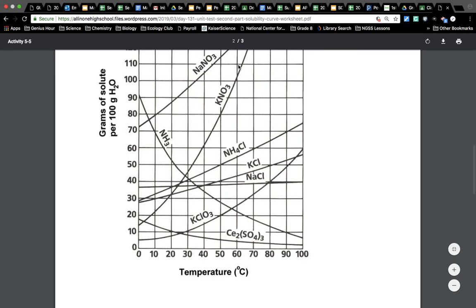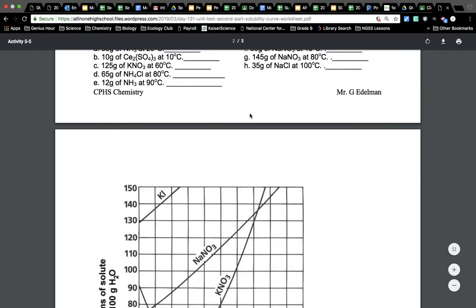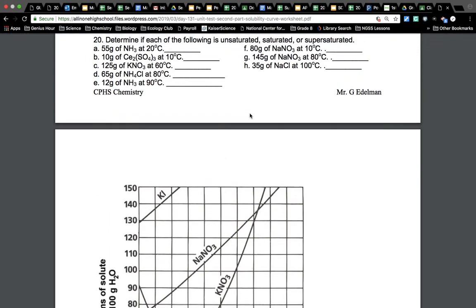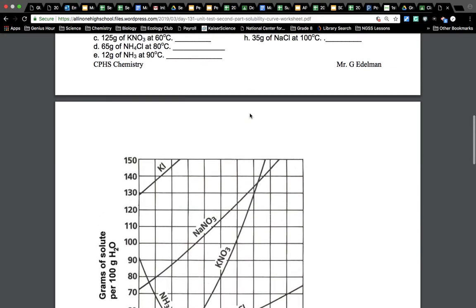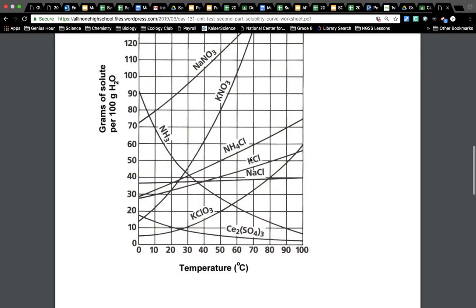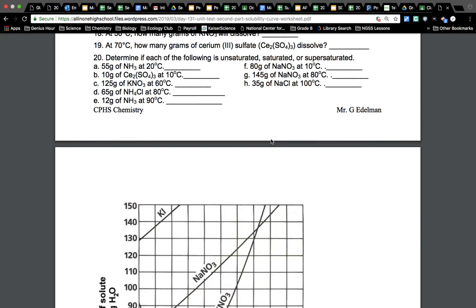If you're getting 125 in there, that's going to be over the amount. So that'll be supersaturated. 65 grams NH4Cl at 80. NH4Cl, 80 will hold about 65. That looks saturated right on the nose.